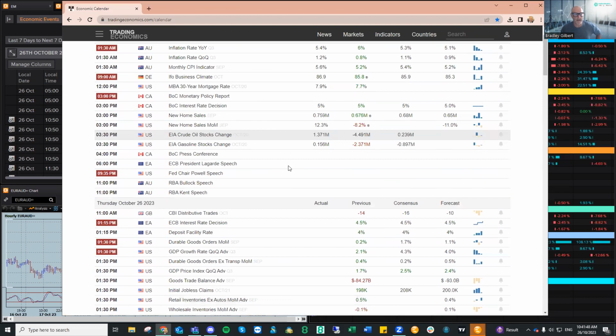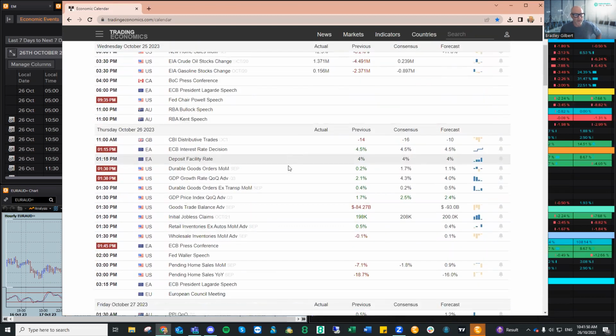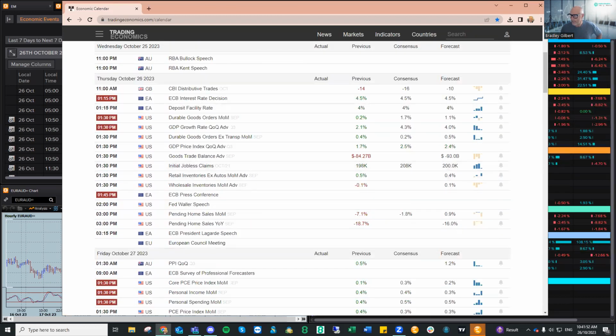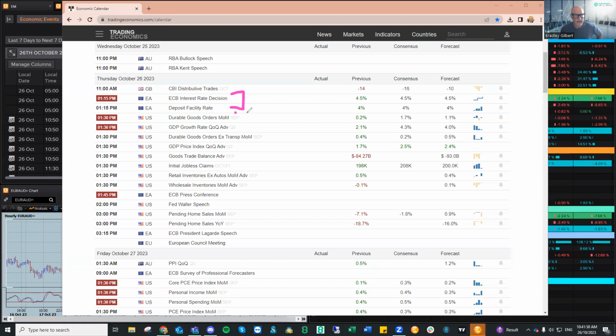We've got the ECB interest rate decision, which is going to be super important for the euro. We've got some big numbers out of the US, and they all come out at the same time: durable goods, GDP growth, the weekly initial jobless claims data, to list all but a few. So just keep an eye on that as we go forward.